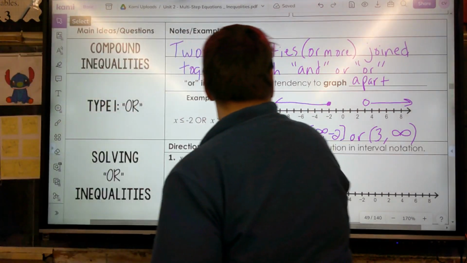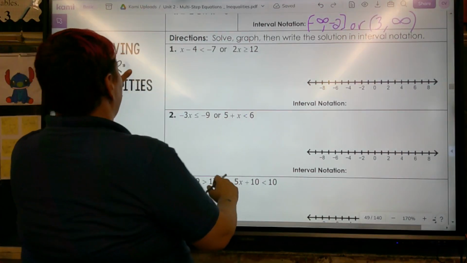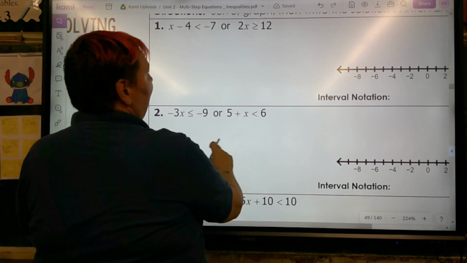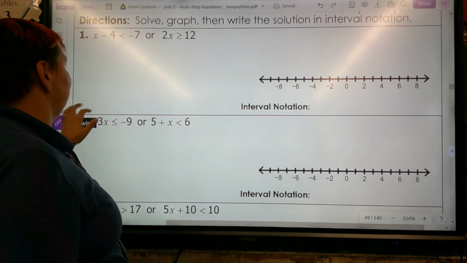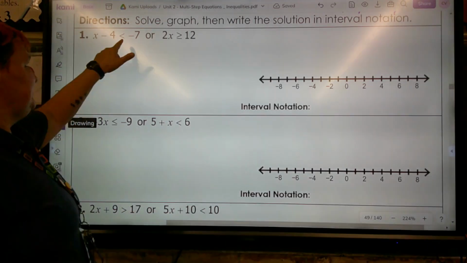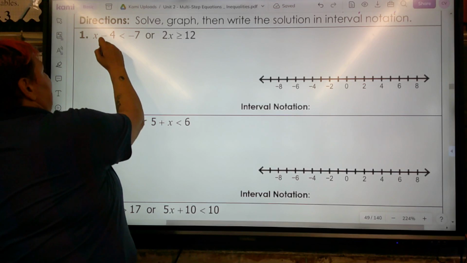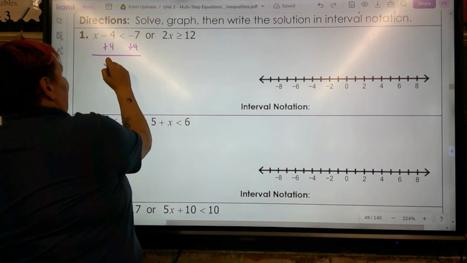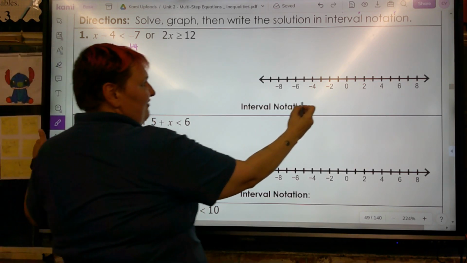Alright, so first you have to solve the "or" inequality and then you have to graph it. Alright, so let's make it a little bigger so we can see it. x minus 4 is less than -7. First you have to isolate the x. Add 4 to both sides. So x is less than -3. So you can go ahead and graph that.